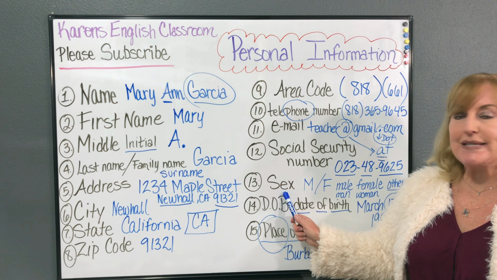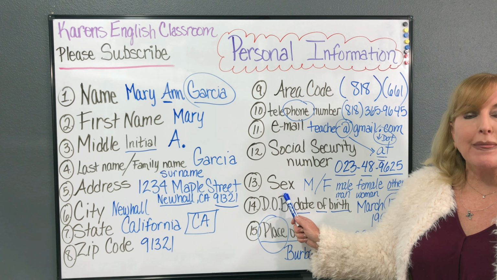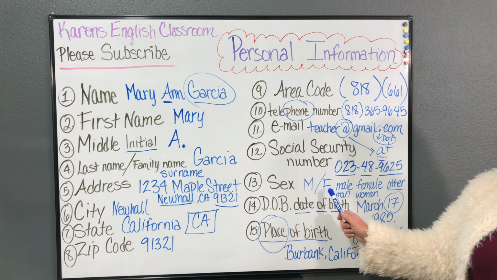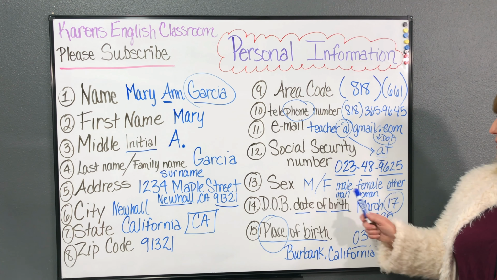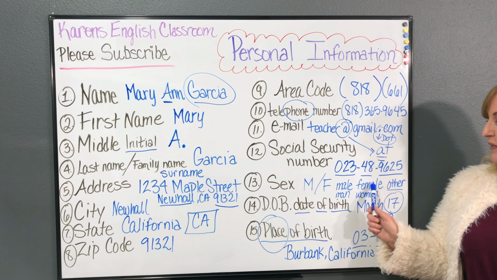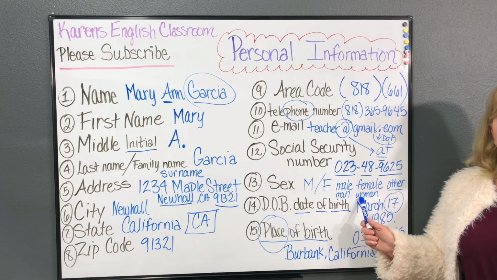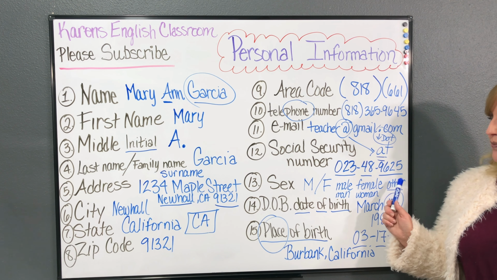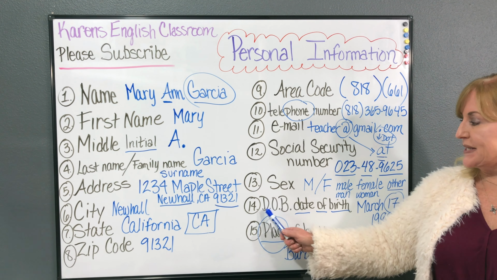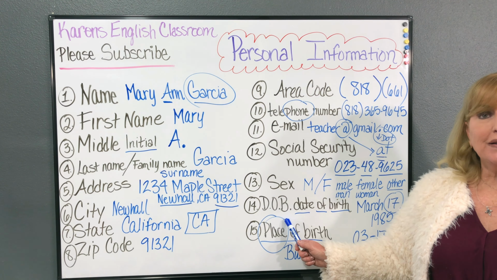Number 13, sex. Okay, so are you male, female, or other? Male is a man, your gender. Female, woman, gender, or other gender. Number 14, D-O-B.